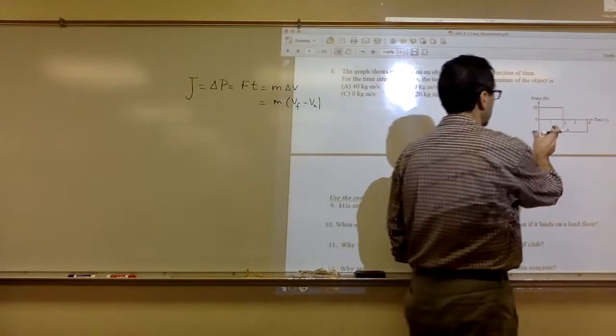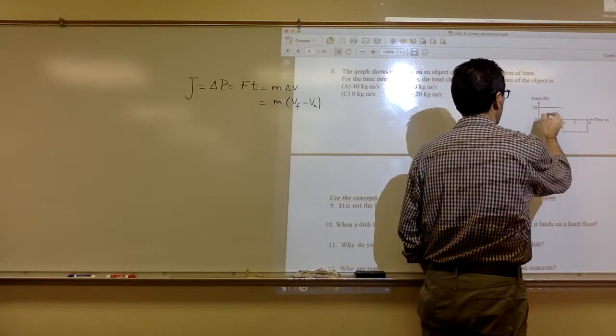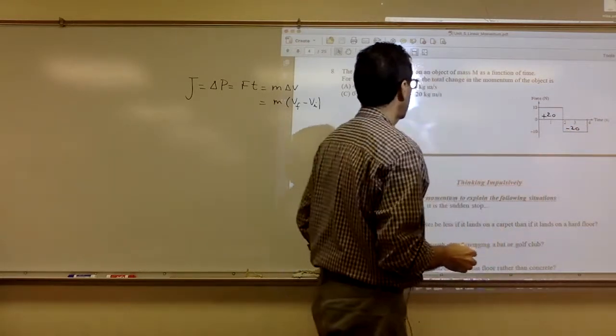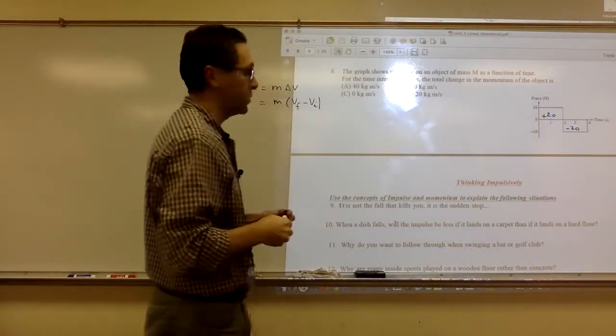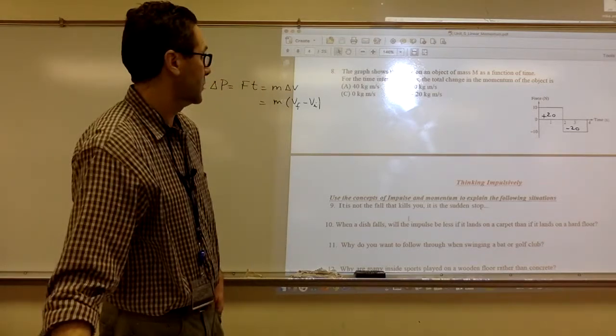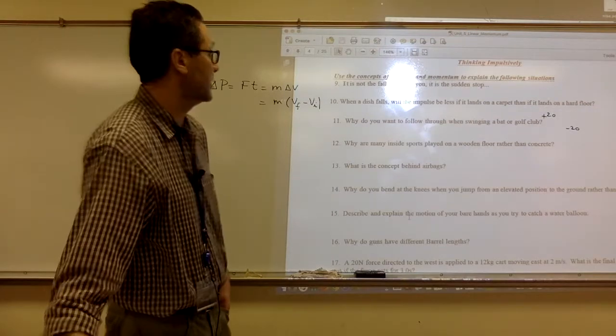So this area here looks like positive 20, and this area here looks like negative 20. So basically there is no change in momentum here. So it's basically 0. Because impulse is change in momentum. That's actually what causes the momentum to change.